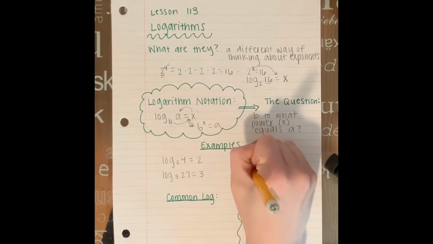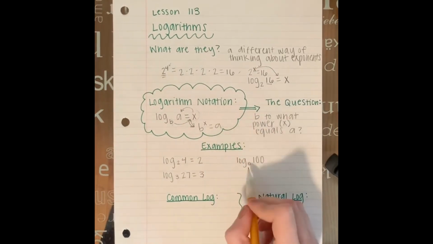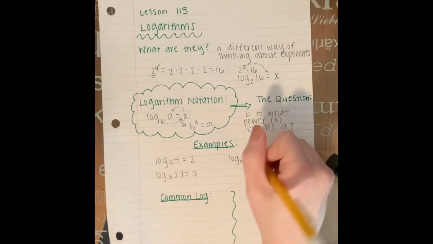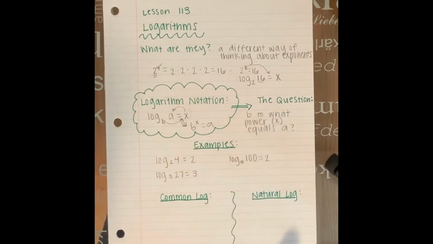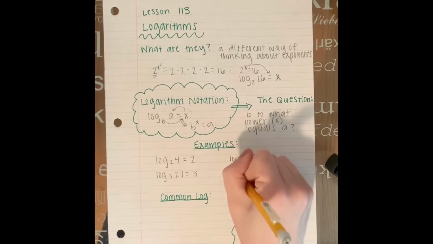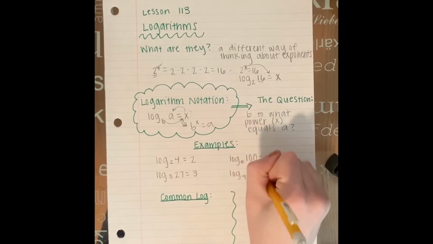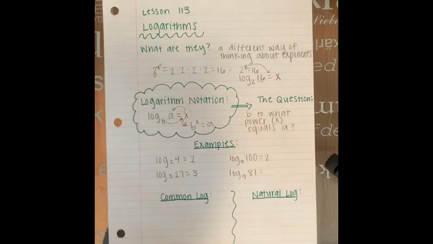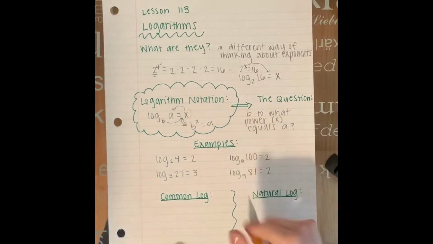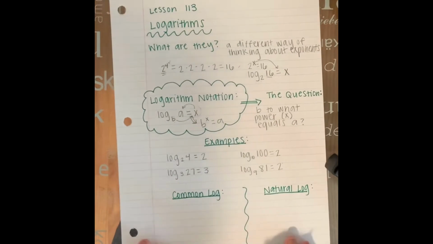Log base 10 of 100. 10 to what power equals 100? Well, the answer would be 2. Log base 9 of 81. 9 to what power equals 81? 2. They're not always going to be 2, but those are just easy ones to see.